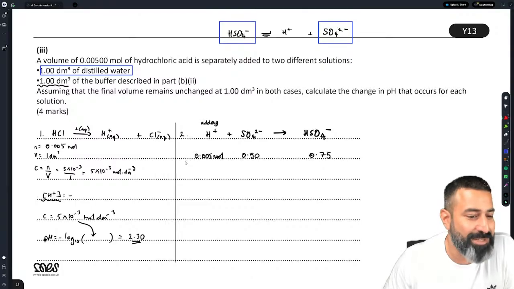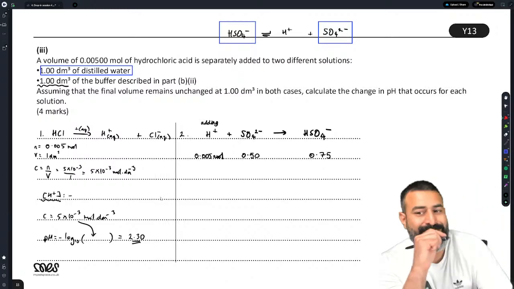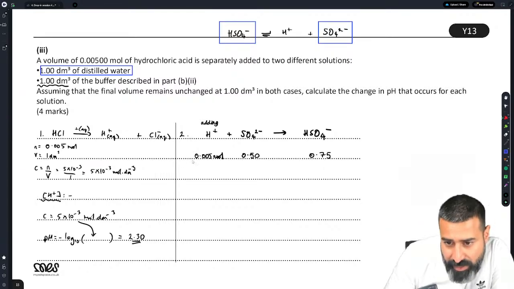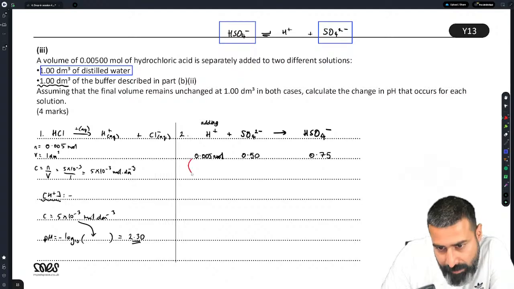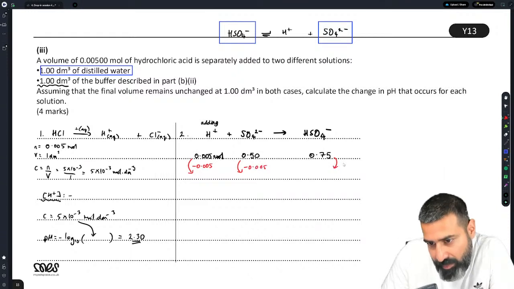Okay, so which one's my limiting reactant? Yeah, H plus. So that's going to go down by 0.005. The SO4 2 minus is also going to go down by 0.005, and the HSO4 minus is going to go up by 0.005.